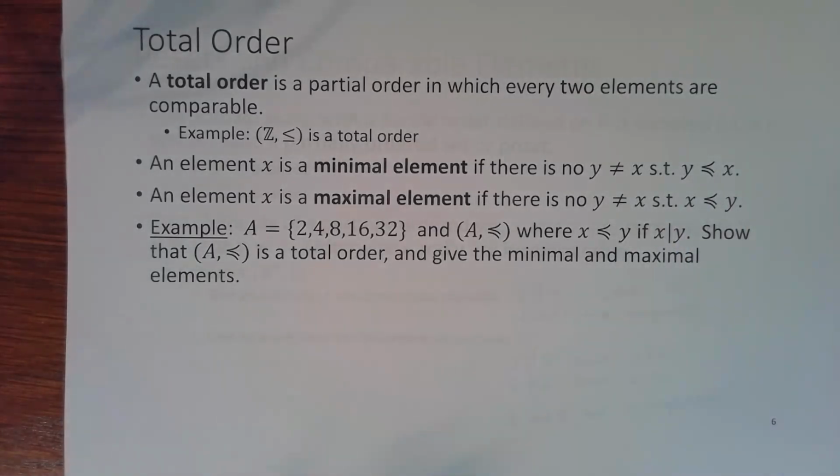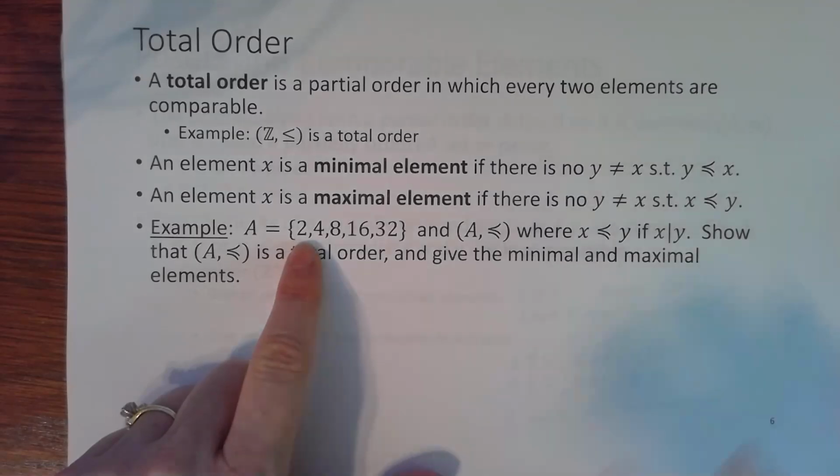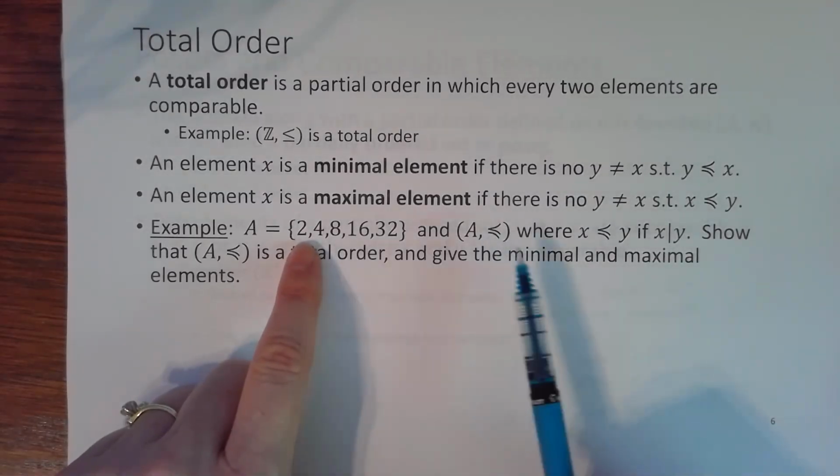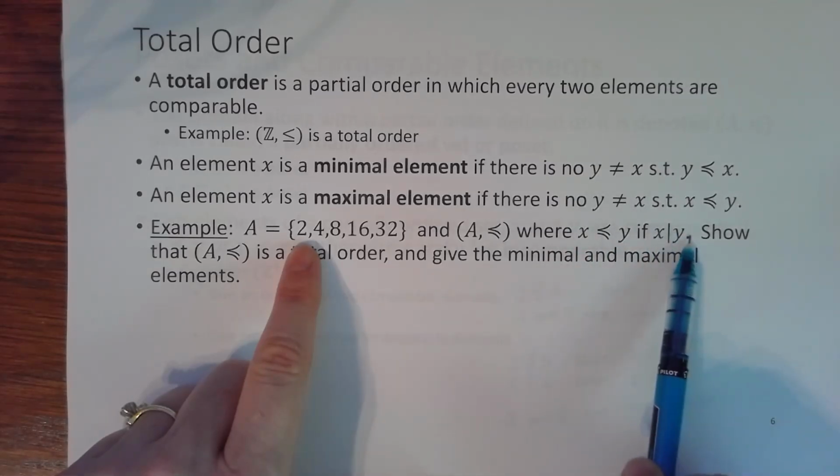Let's look at examples so that you can see the idea here. I don't want to do all of the integers because it can be tricky, but let's just do 2, 4, 8, 16, and 32. We'll say there's a relation from x to y if x divides y.